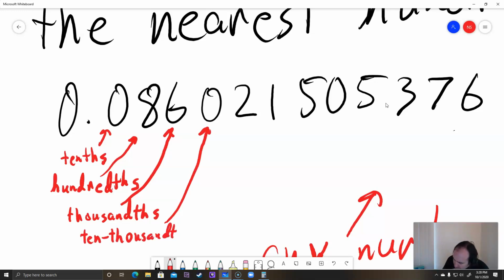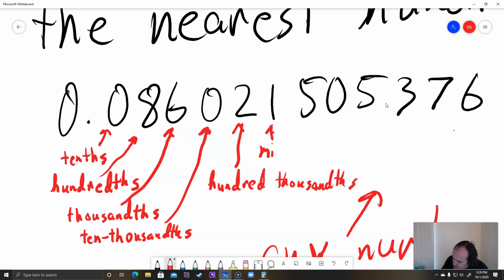After that, you've got 100 thousandths, and then the one after that is millionths. So it's the same pattern as going to the left of the decimal point, except that as you go to the right, it has a th after it.